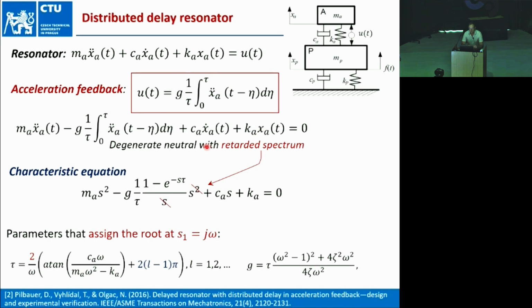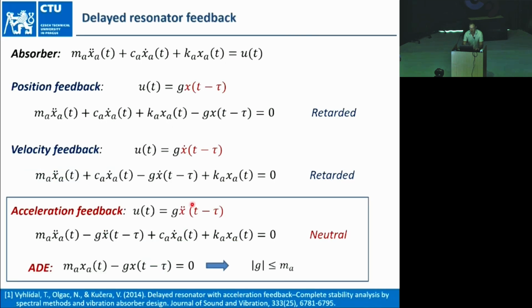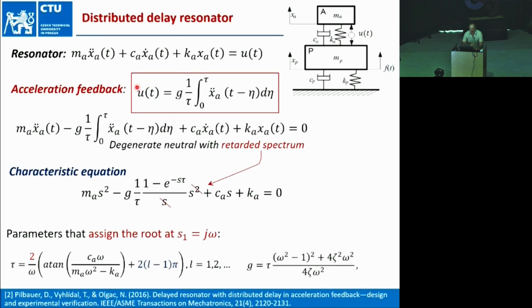Okay, so let me mention the first result, on the first contribution, which is substituting the lumped delay with a distributed delay. This distributed delay is basically an FIR filter, which partly performs the filtration of the acceleration measurements, which are usually noisy.